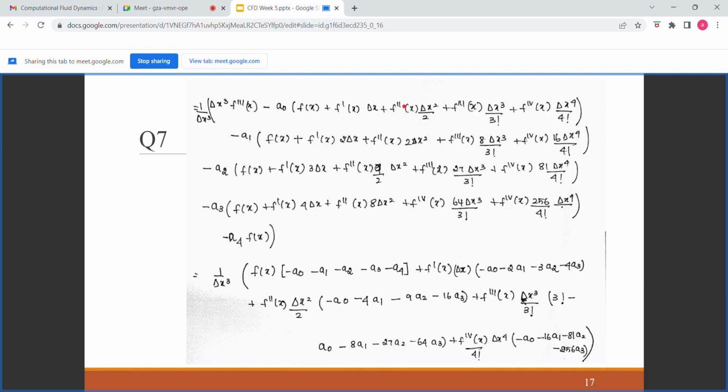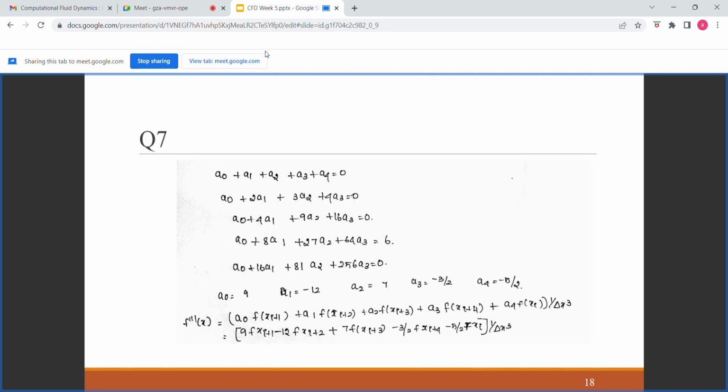We substituted all those values in the original equation, and we identified and grouped together the common terms and equated that to 0, depending on the equation. Here we are equating it to 0, and we are getting 5 different equations with 5 unknowns. On solving those, we get the 5 different coefficients, and we can say that the value of p in the original question was found to be 18.